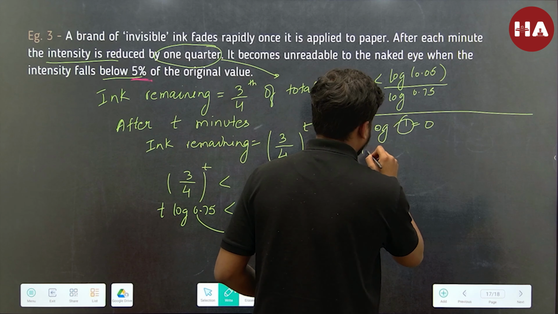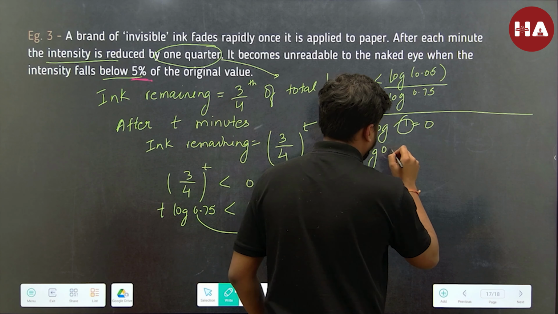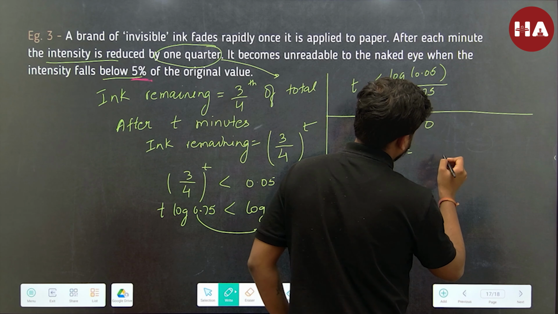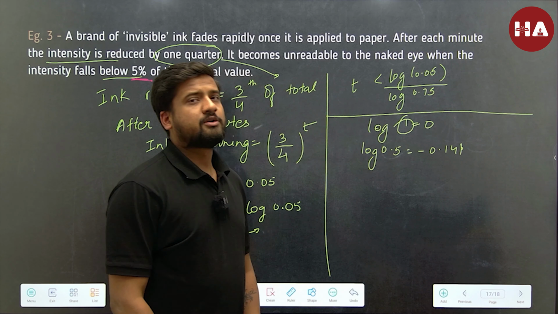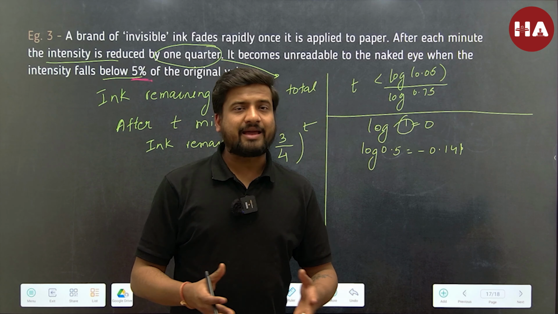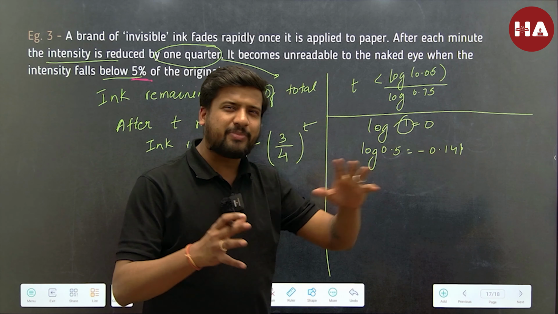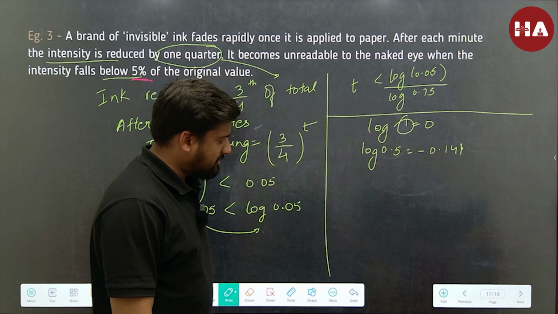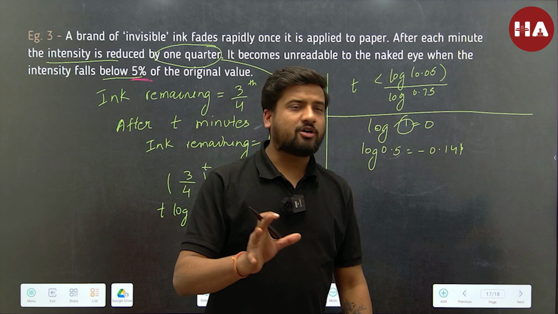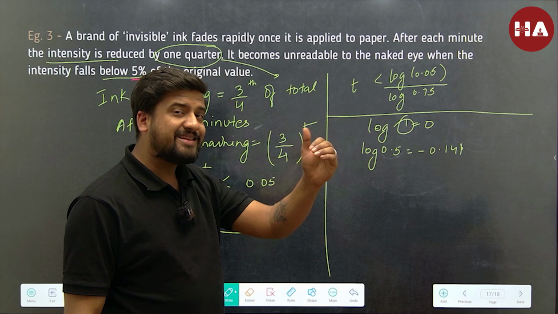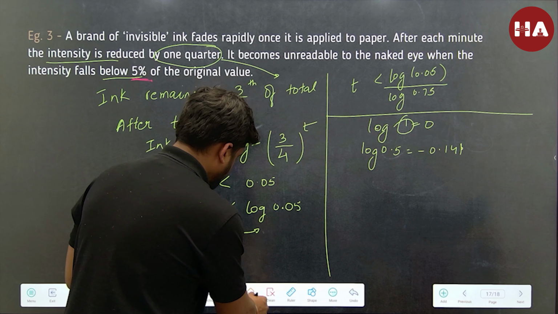Basically, if you deal with log 0.5, that will give you a negative answer for sure.